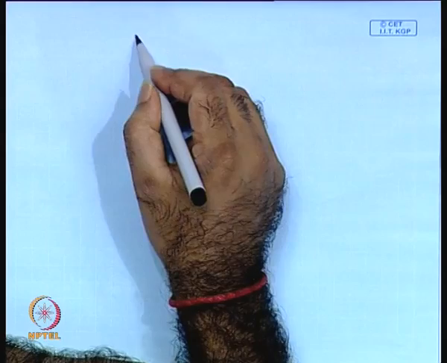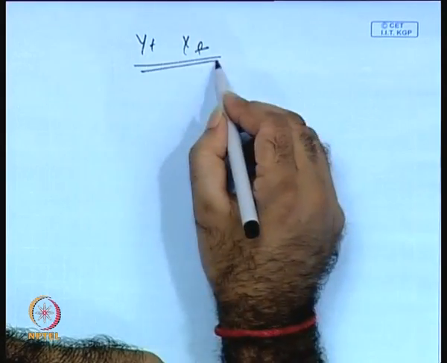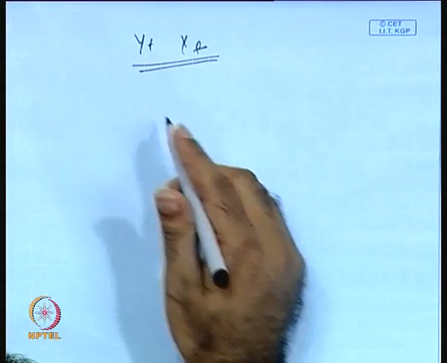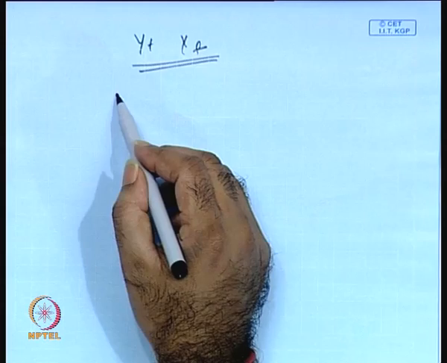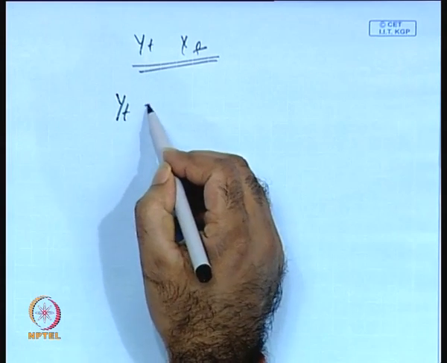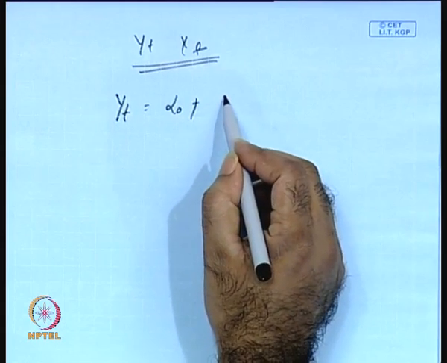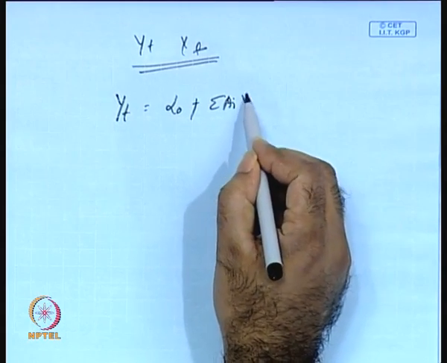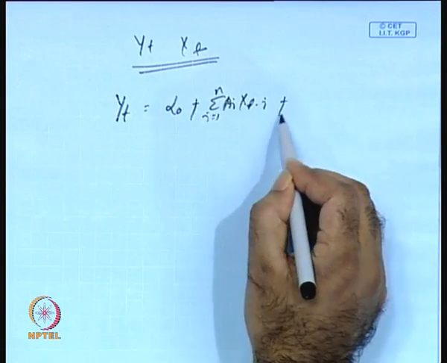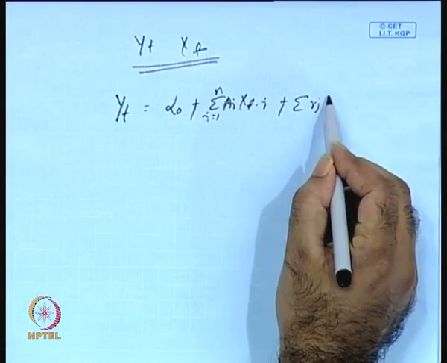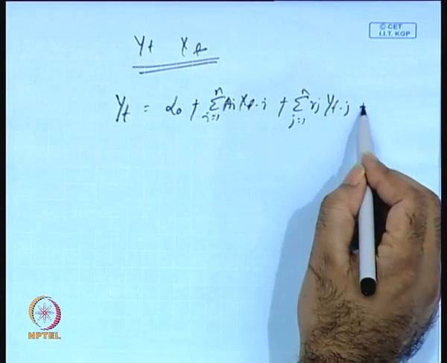Let us start with yt and xt. How do you check the Granger causality test? I will directly prepare a model here. We start with yt equal to alpha 0 plus summation beta i x t minus i, i equal to 1 to n, plus summation gamma j y t minus j, j equal to 1 to n, plus u t.